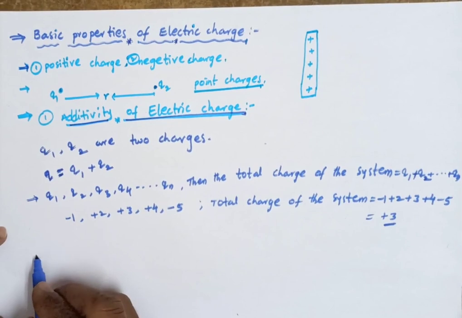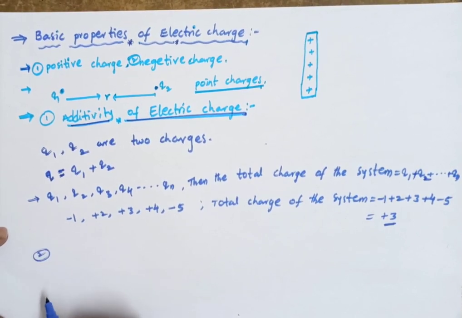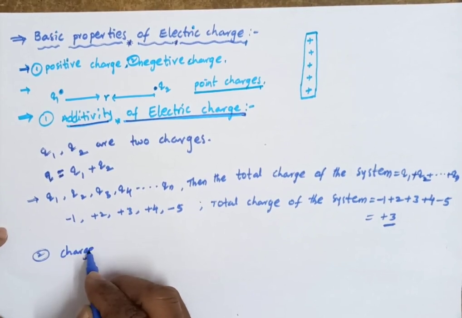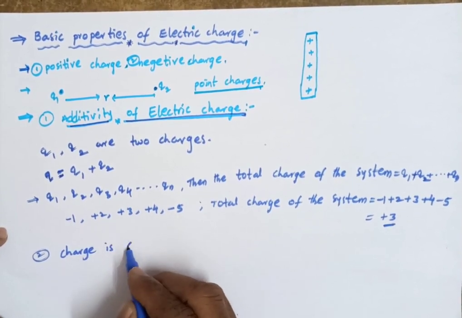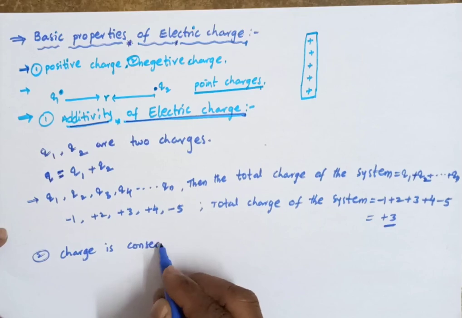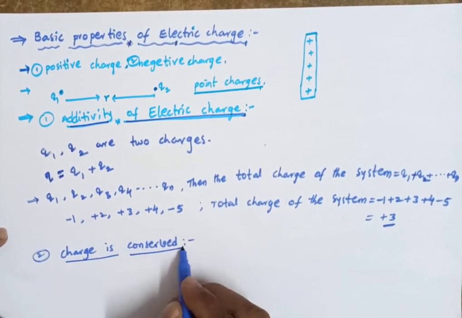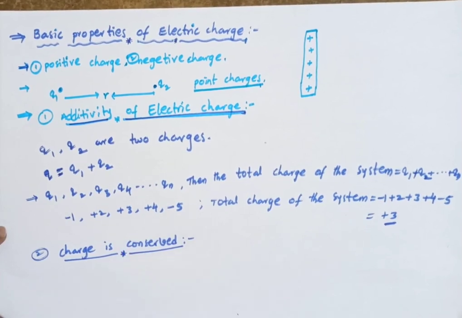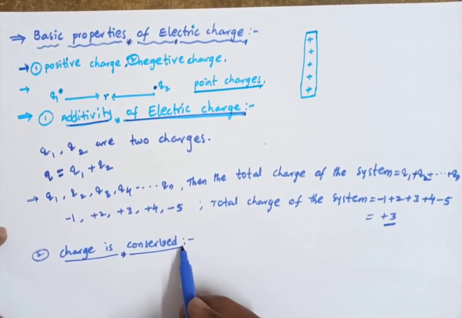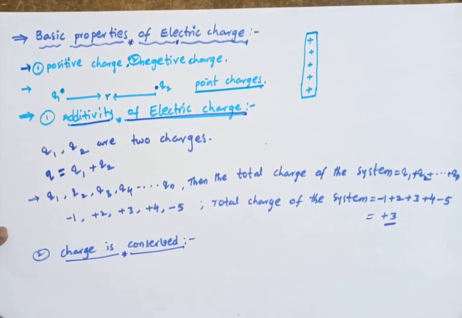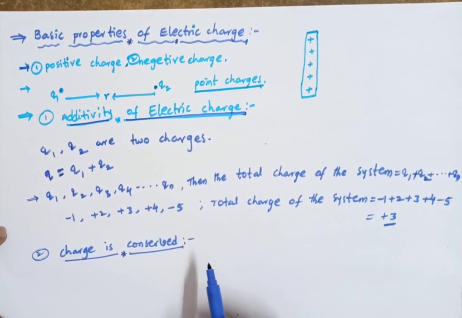The second property is conservation of charge. Charge is conserved. We already discussed this in a previous topic. Conserved means that no new charge is either created or destroyed.